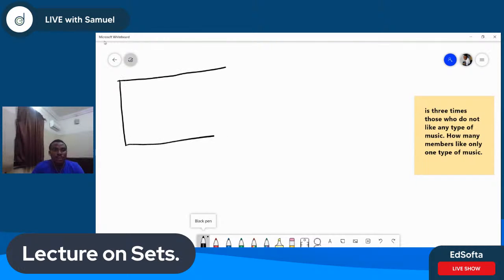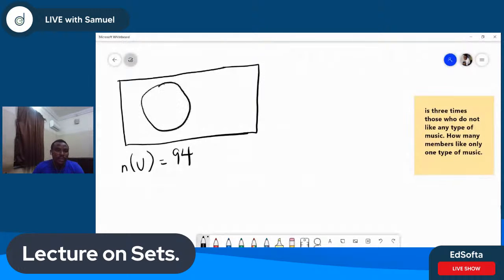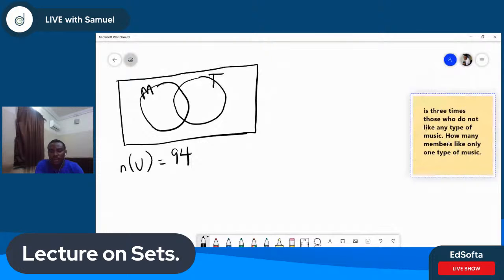So you have to first draw a Venn diagram. We know our universal set is 94. They said those who like modern music are 60, and those who like traditional music are 50.